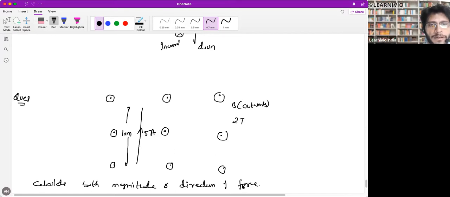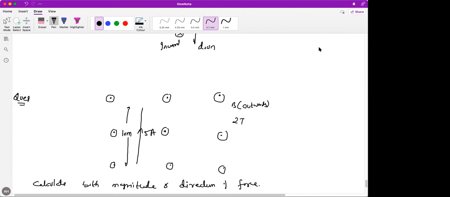Calculate both the magnitude as well as the direction of the force. Good, Mariam. That's right. Sania, magnitude is correct. What about the direction?